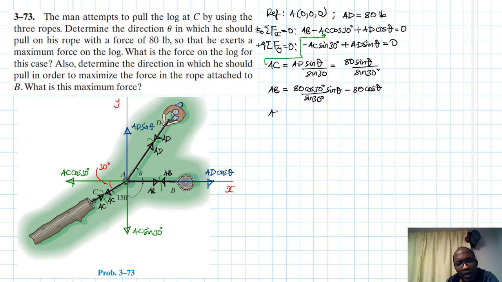So we can simplify this as AB equal to 80 times open brackets cos 30 divided by sin 30 sin theta minus cos theta. Alright, so we have these two equations.